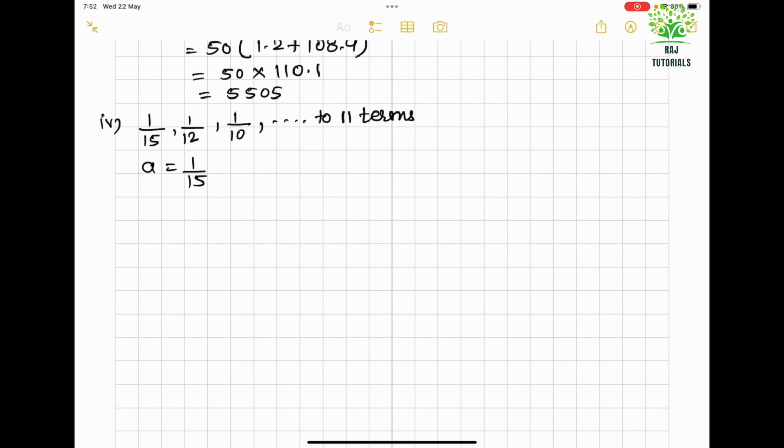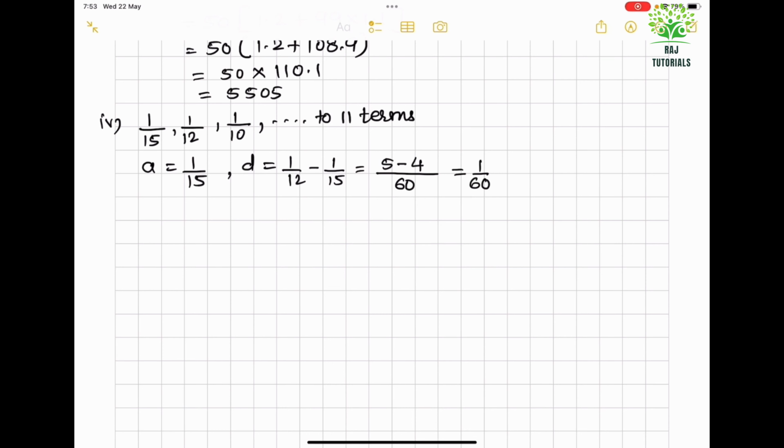Fourth one says 1 upon 15, 1 upon 12, 1 upon 10, to 11 terms. So A will be 1 upon 15, D will be 1 by 12 minus 1 by 15. 12 5s are 60, 15 4s are 60, so that comes to 1 upon 60.